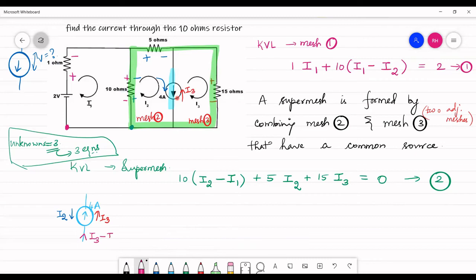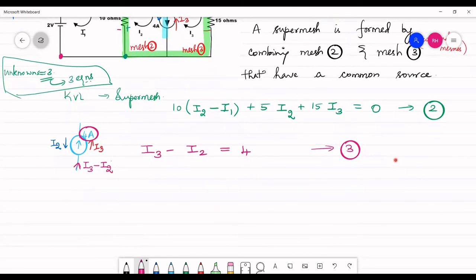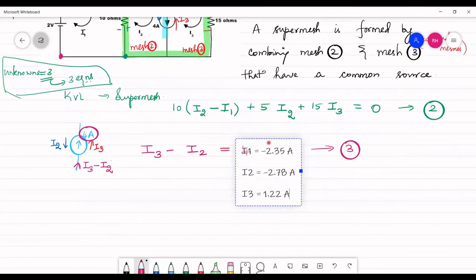So here I could say I have a current of I3 minus I2. So I3 minus I2 is equal to 4. This is going to be my third equation. And solving these 3 equations, we have the solution.